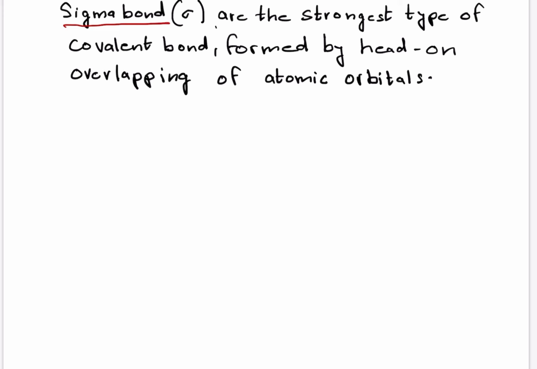So if we look at how they combine together, let's understand that. They can bond together by head-on overlapping of atomic orbitals. So suppose we have one like this and another like this, and we can draw this.